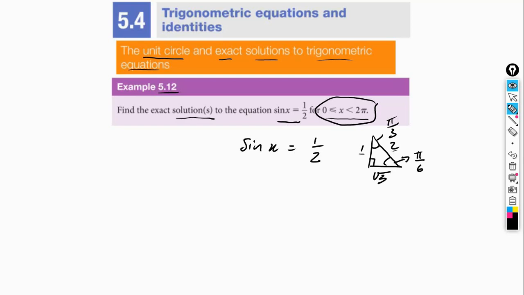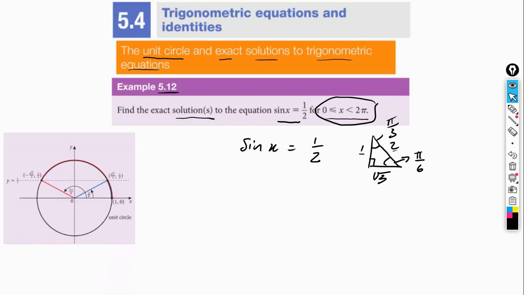Now we have to use the unit circle as a reference, of course, in these cases. And let's recall that sine in the unit circle is represented by the y-coordinate of the angles. So we have two solutions. Why? Well, because sine is positive here, right? Here we have that cosine is positive, sine is positive. Here we have that cosine is negative and sine is positive.